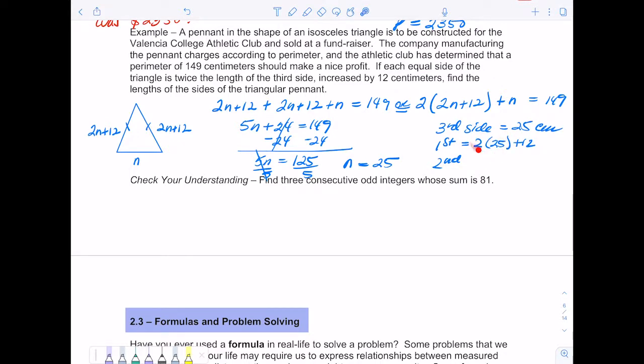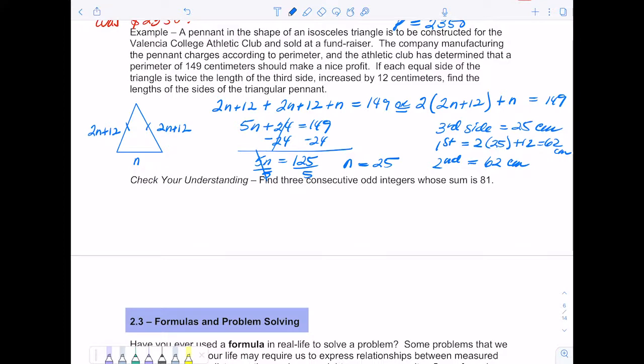So I have to do 2 times 25 first, which is 50. 50 plus 12 gives me 62. So I know that's 62 centimeters, and the second side is the same. So I've got 25 centimeters, 62 centimeters, and 62 centimeters. And if you add those, you will get 149, which is the perimeter.